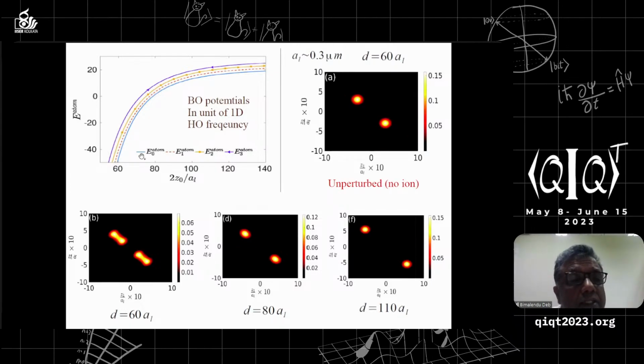And we are plotting these 4 Born-Oppenheimer potentials as a function of the distance between the two atoms.